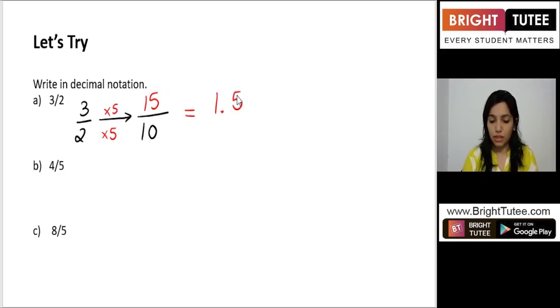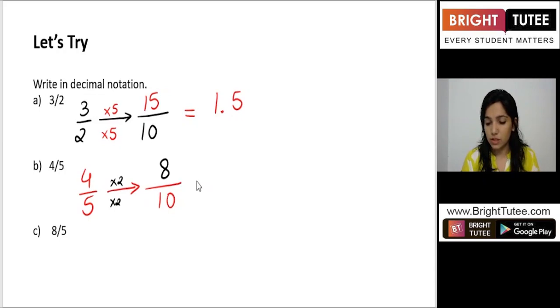Clear? The B part, it is 4 over 5. We need to convert it to something that has a 10 at the denominator. So what do we do? We multiply the 5 by 2. And 4 times 2 is 8. So what will be the decimal number? 8 divided by 10 is 0.8. Clear? Now we have 8 over 5.